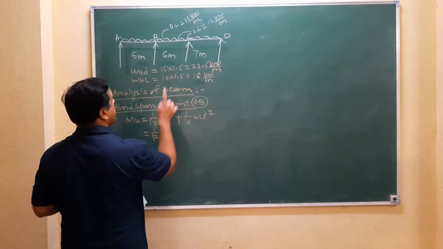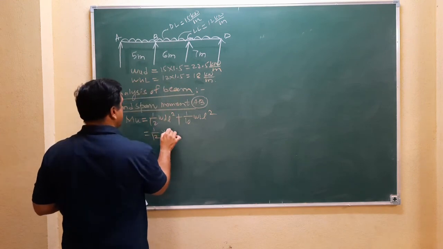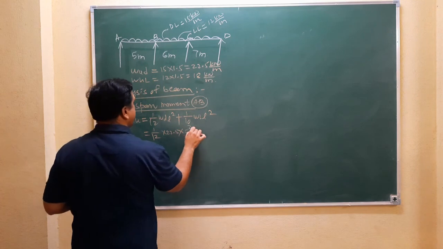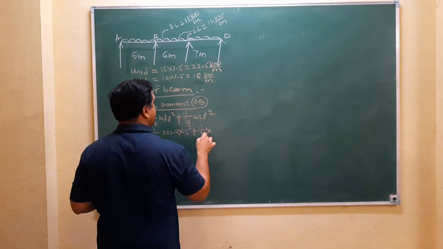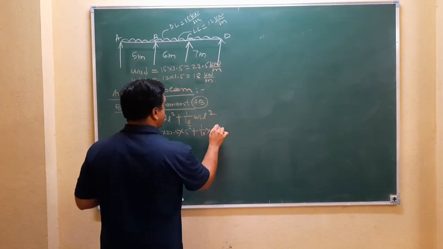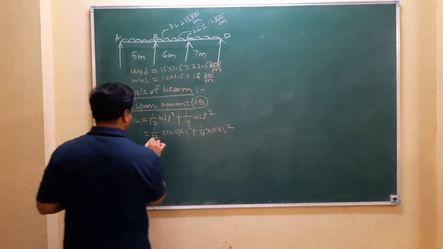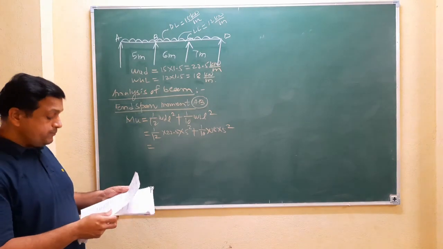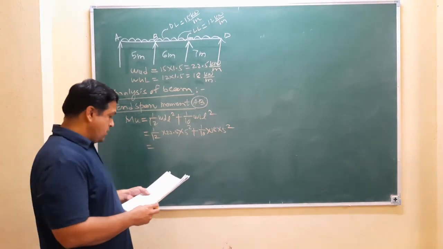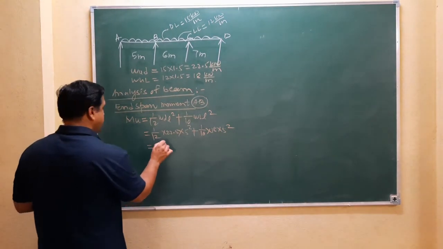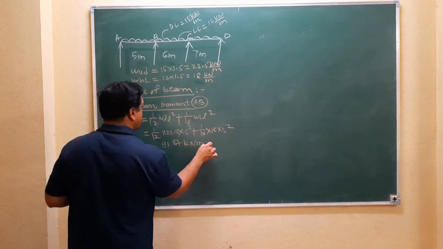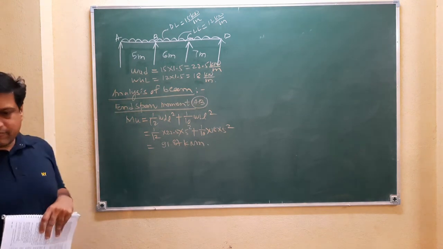So 1 by 12, converted dead load is 22.5, end span is 5 meter. Then 1 by 10, converted live load is 18, span is 5 meter. So already I have calculated this value to save the time. So end span moment AB, the bending moment is 91.87 kilonewton meter. Please check this value.